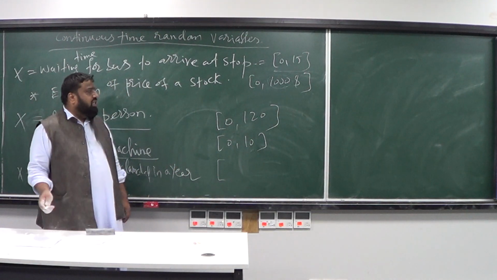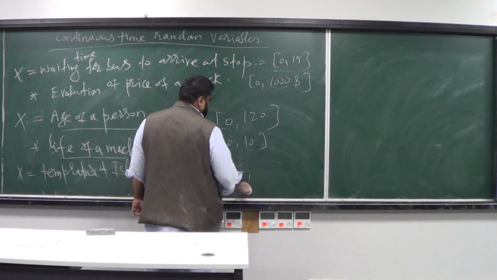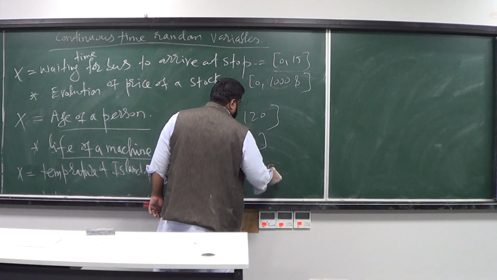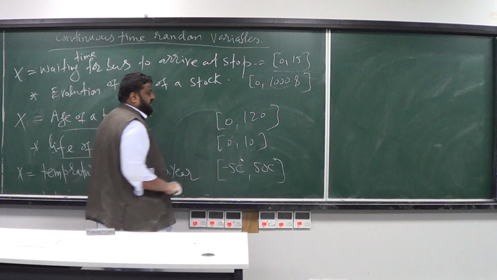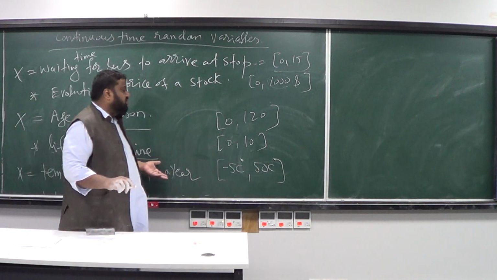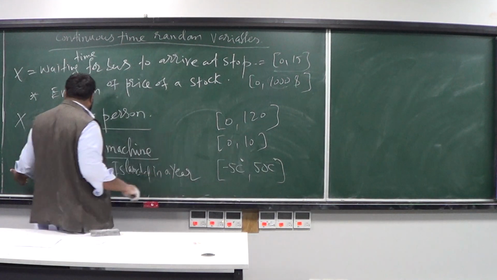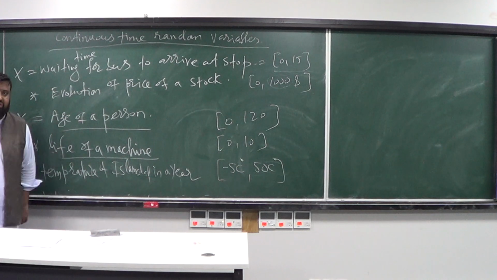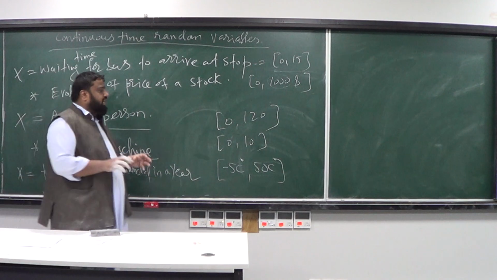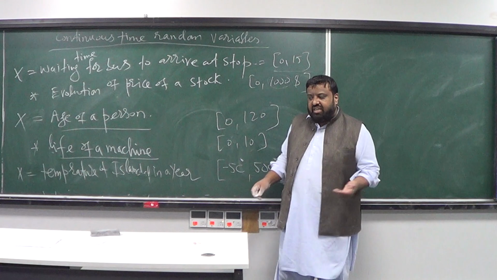In our experience, it can go from say 5 to maybe 50 degrees centigrade. This could be the value that this random variable x takes, which represents the temperature of a year.